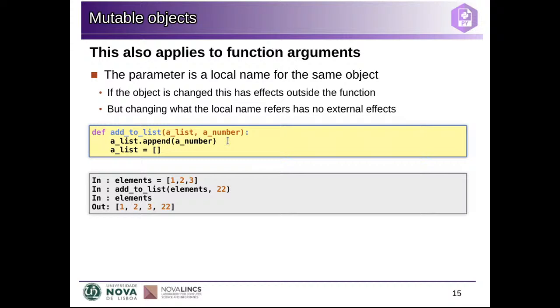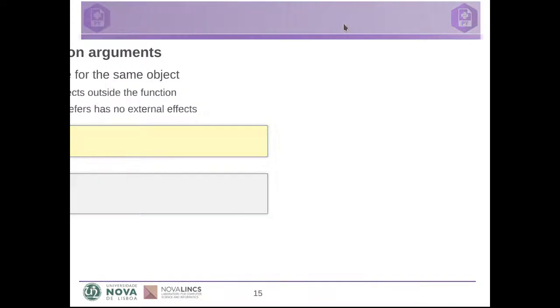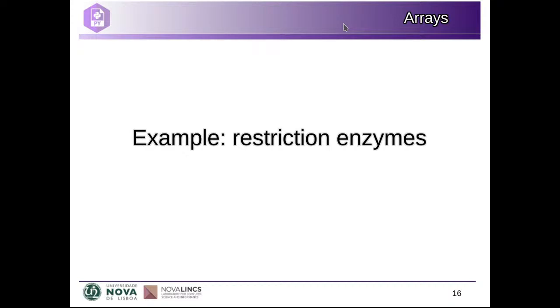But if you do want to change them, remember that different names may be pointing to the same list or the same mutable object, and if they cause that object to change, then this effect will be seen by all the different names.